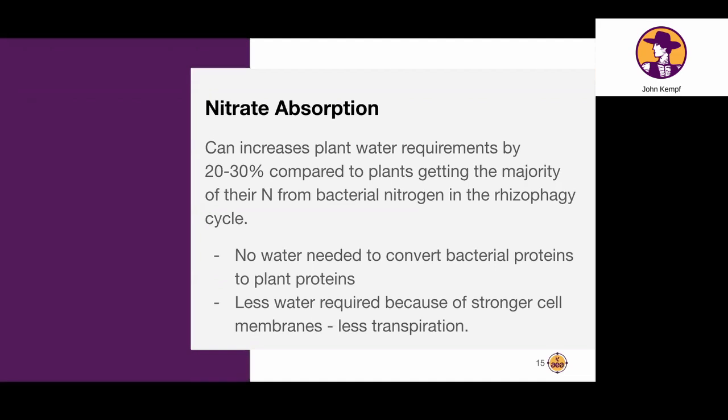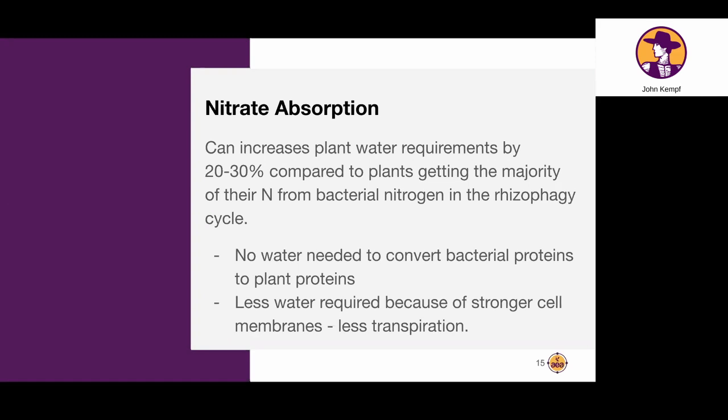And another factor that happens, I described this in my webinar on the plant health pyramid, when you have plants absorbing most of their nitrogen from microbes, from bacterial cells, and they have this energy gain, that energy gain expresses itself as this strong, waxy, oily coating on the leaf surface, and that helps the plants cool a lot more efficiently. The short version is, there's a number of different mechanisms.